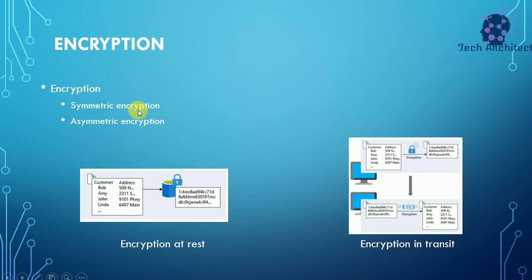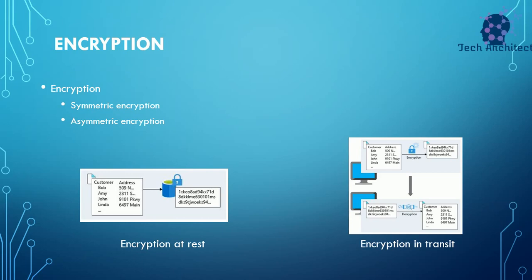Encryption has two types: symmetric encryption and asymmetric encryption. Symmetric encryption uses the same key to encrypt and decrypt the data, while asymmetric encryption uses a public key and private key pair. Either can encrypt, but a single key cannot decrypt its own encrypted data.